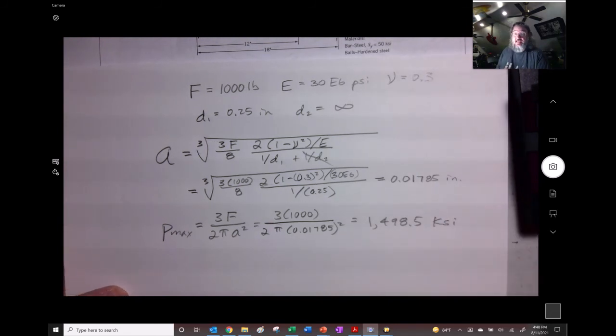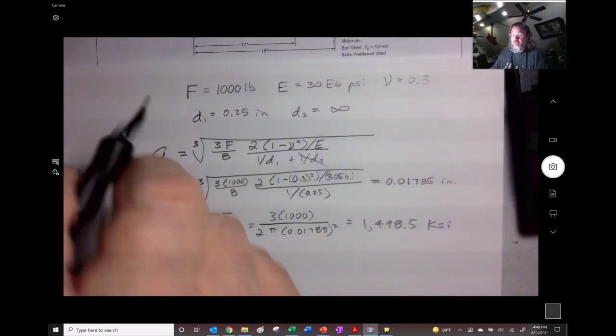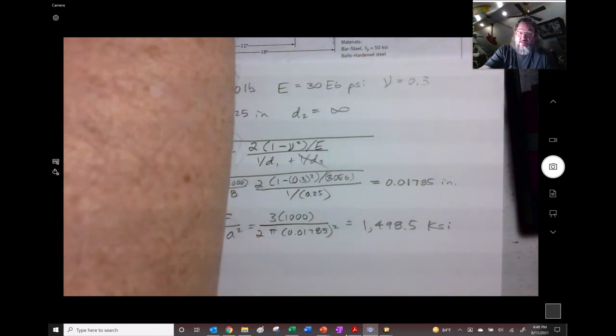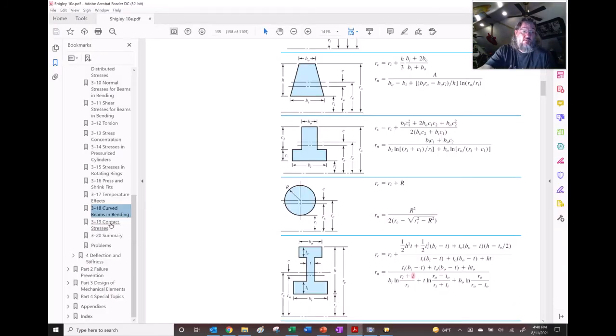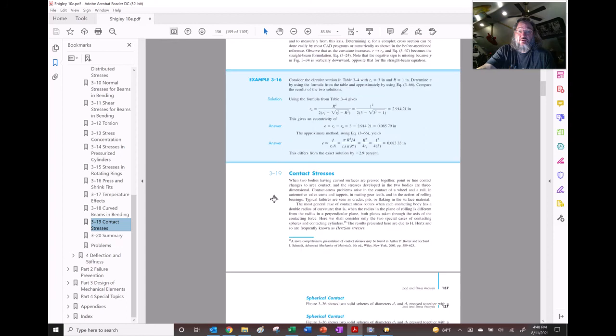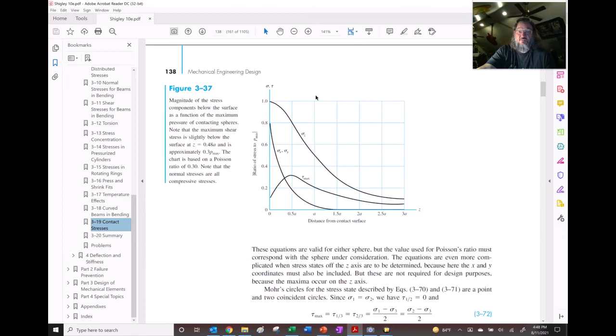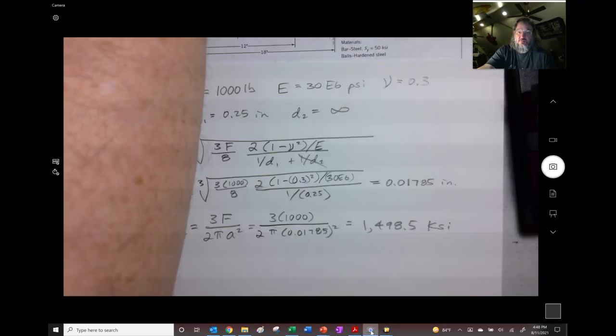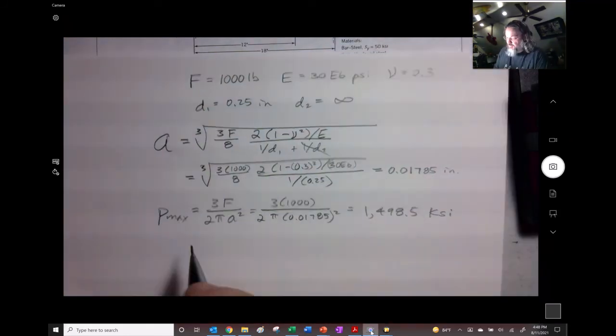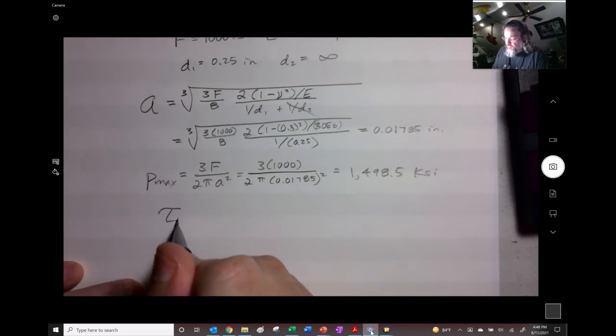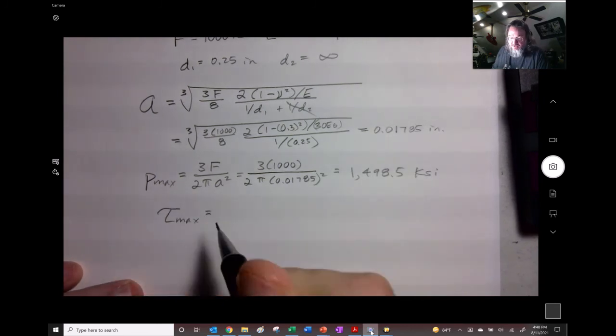That's a lot. And if we go ahead and look up in the book, I'll grab it. We go to the contact stress table right here, and we look up the sphere versus sphere, but of course one of our spheres is a flat plate. We will look and say that's 0.3 times P max, right? So all we have to do is multiply that by 0.3, and we get the tau max, the maximum shear.